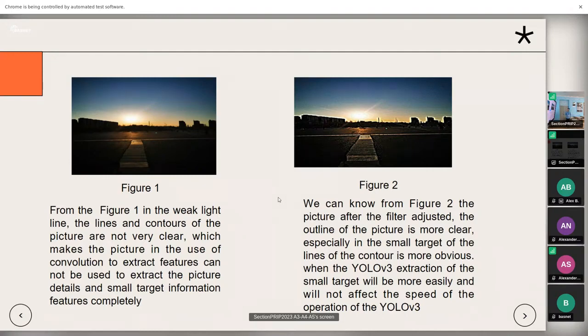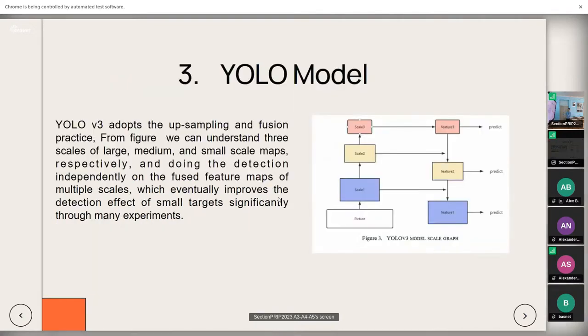We can get more on the very weak light. You can recognize more targets. So using this filter model is useful. This is just an introduction to YOLOv3.